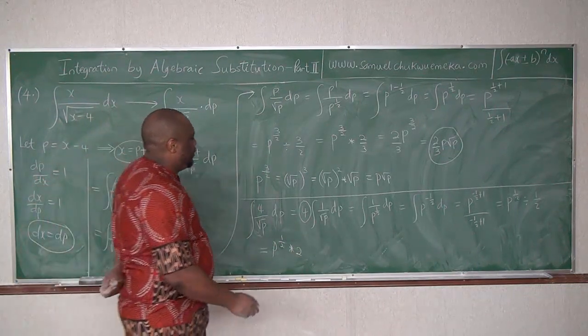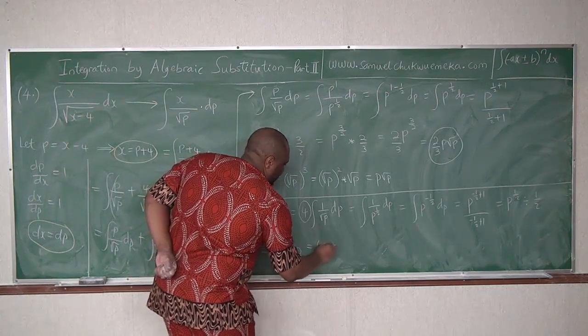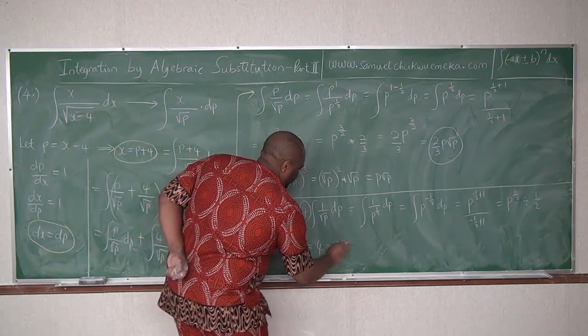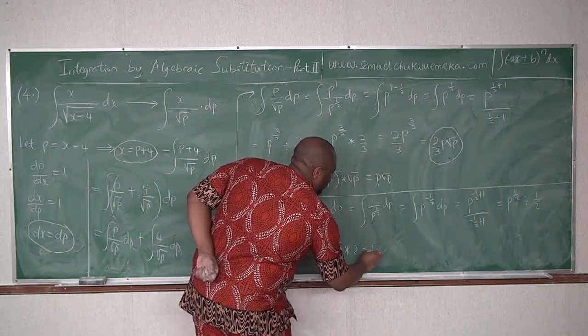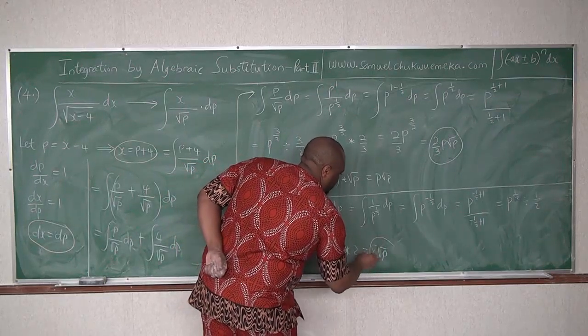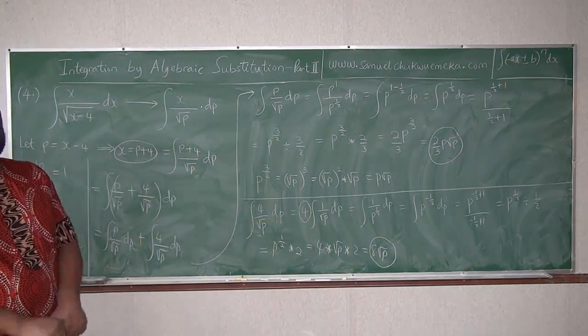Now let's bring out the 4: 4 times square root of p times 2. So this is 8 square root of p, 8 root p.